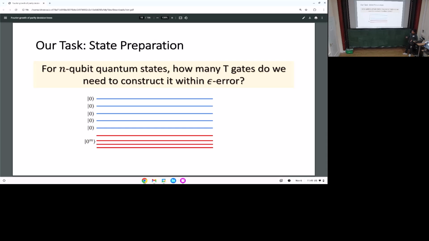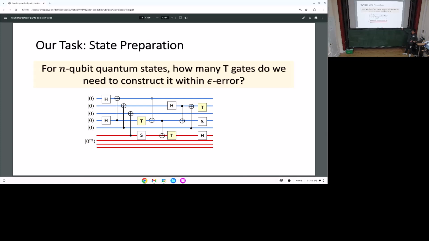More formally, this will be the process. We start with all zeros, and the blue lines are the qubits we care about, and the red lines are the ancillary qubits that we incorporate to facilitate our construction. And then we apply a bunch of gates. So there are H gates, phase gates, and T gates.